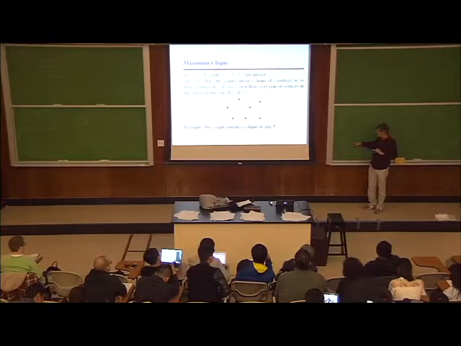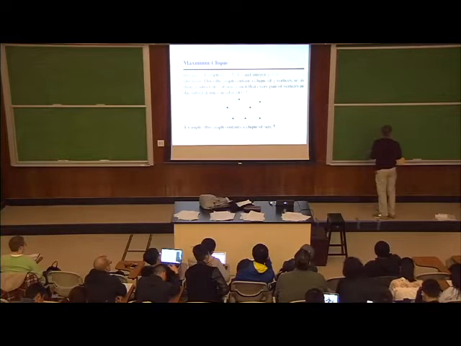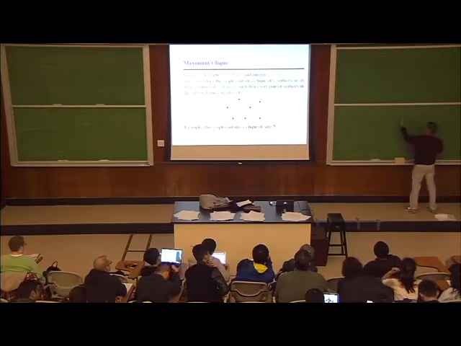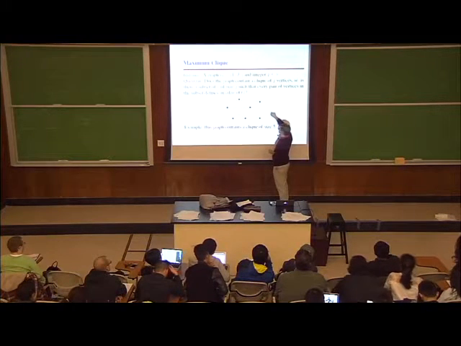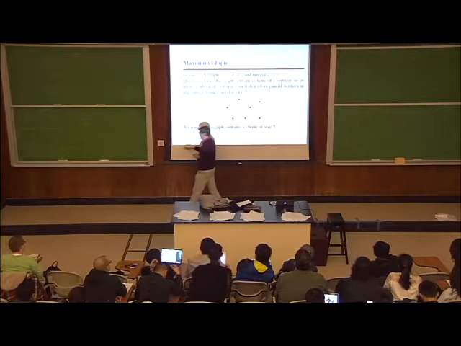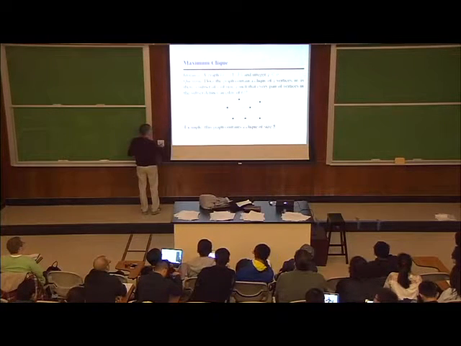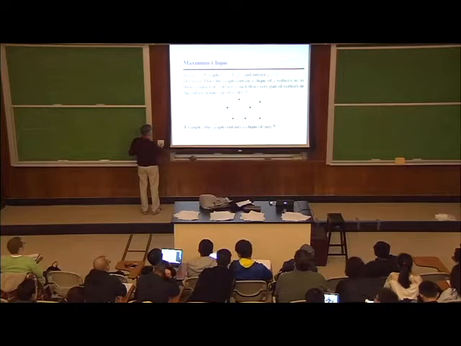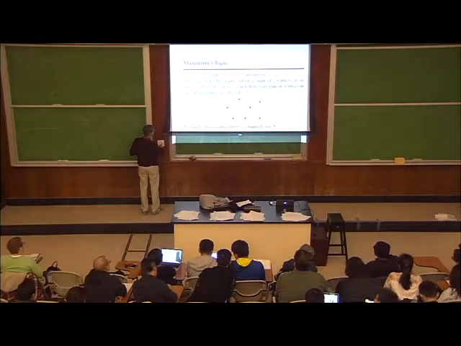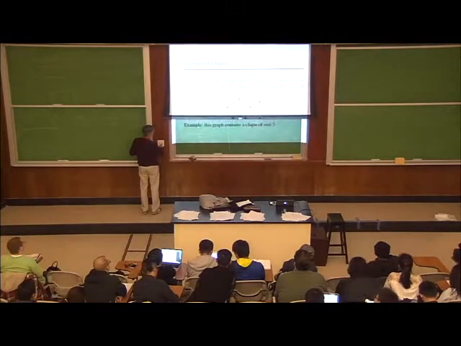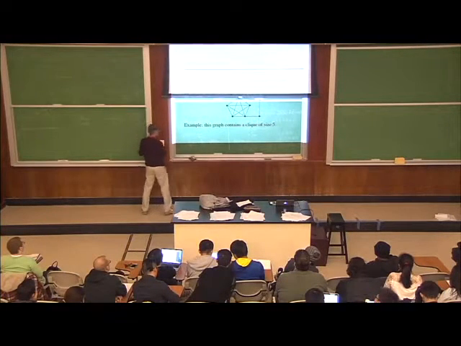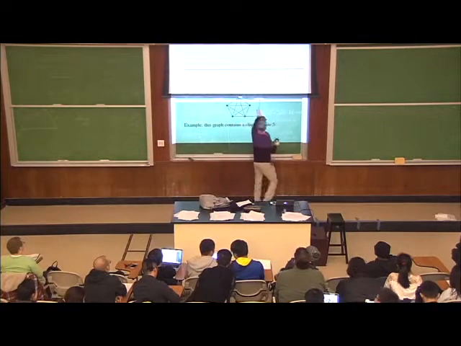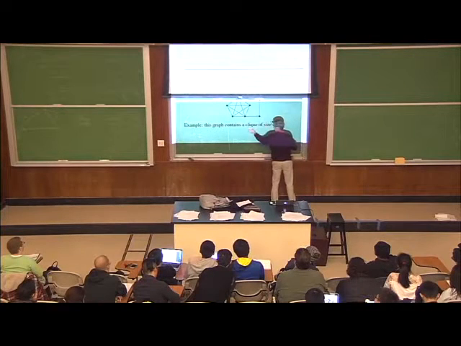You can't see it. Okay, let's try it again on a bigger part of the board. Does everybody see that if I add, let's say I take this thing here. Actually, I hate to do this, but let's try this. What if I now add a vertex here?